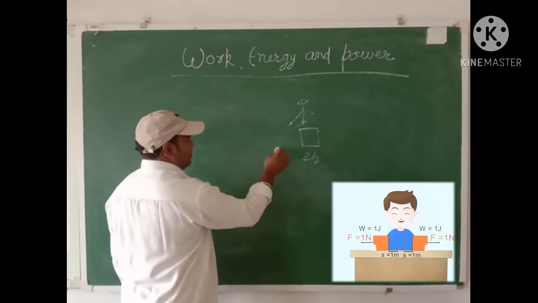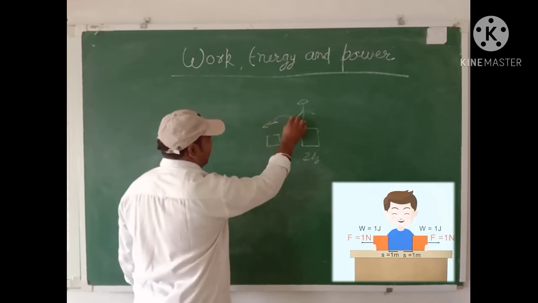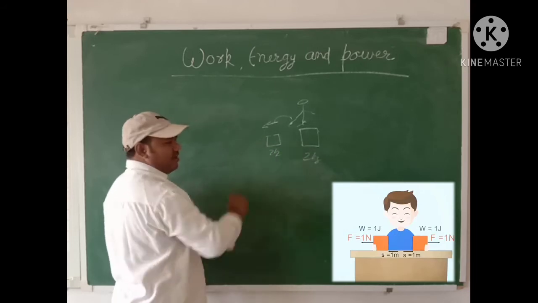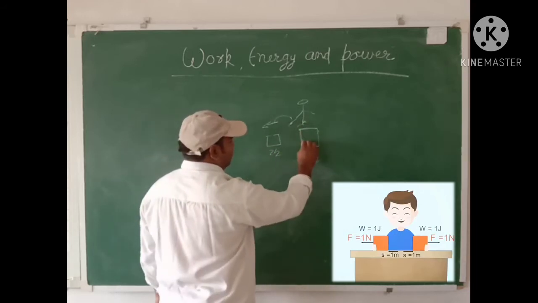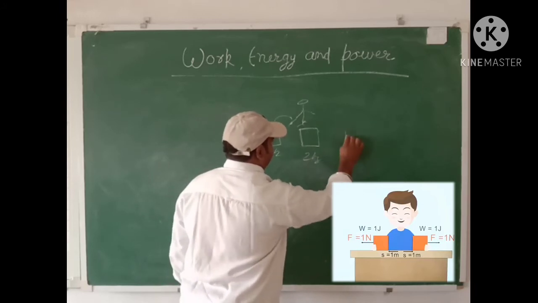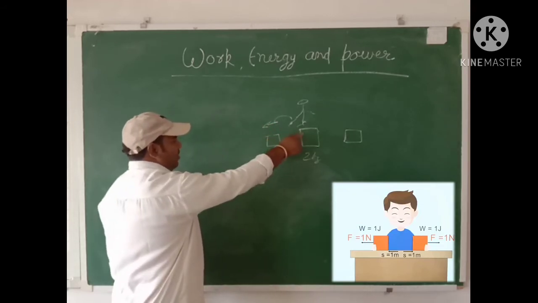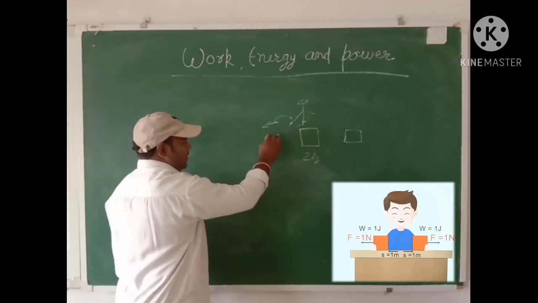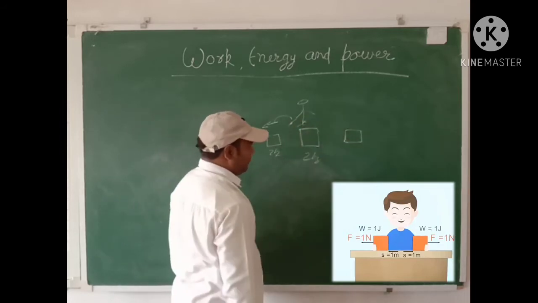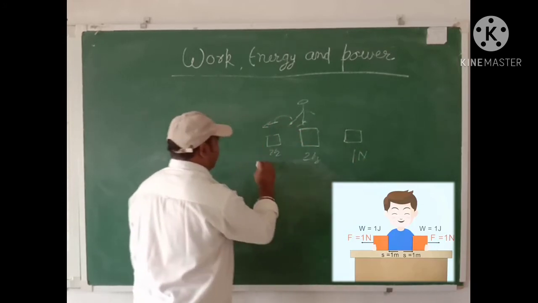Suppose I bring this box here. Force has been applied by this hand in this direction. This is 2 kg. And by this hand, I apply the force in this direction. So by this hand I shift this box in this direction, and by this hand I shift this box in the other direction. I have applied the same force, suppose 1 Newton of force here and 1 Newton of force here.